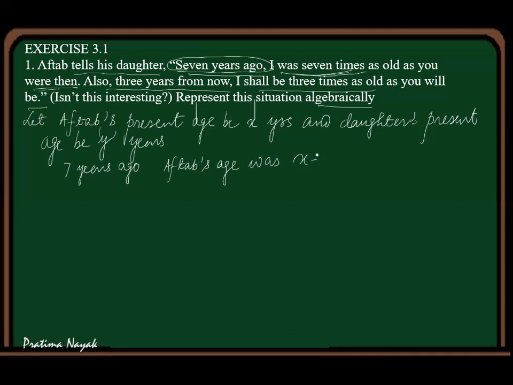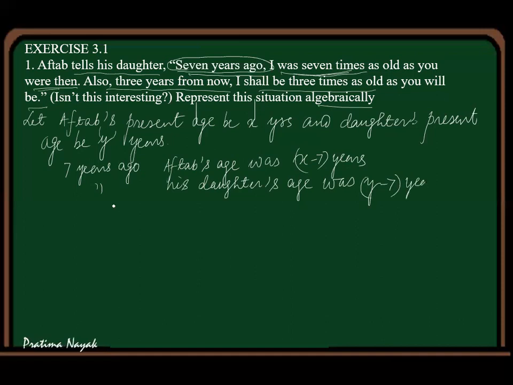So x minus 7 years. And 7 years ago, his daughter's age was y minus 7. She will be 7 years less.